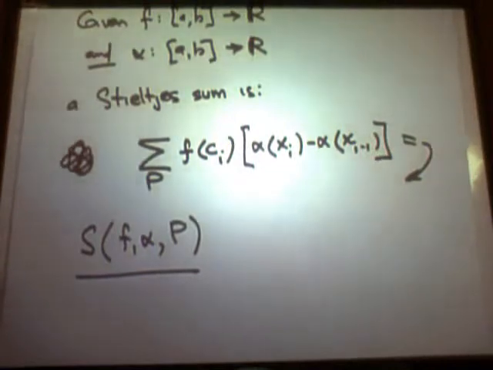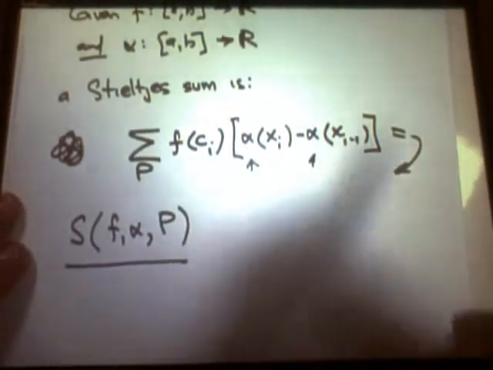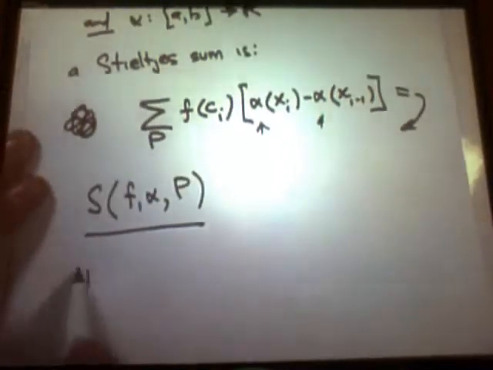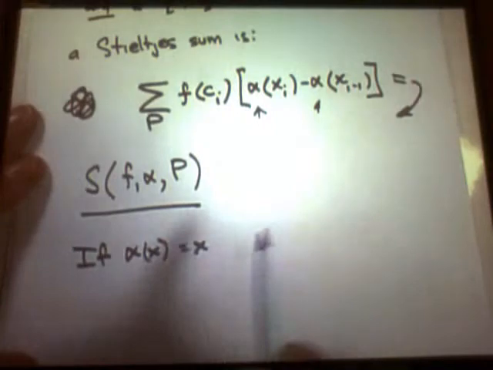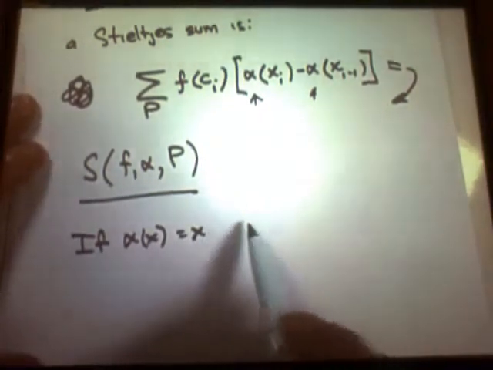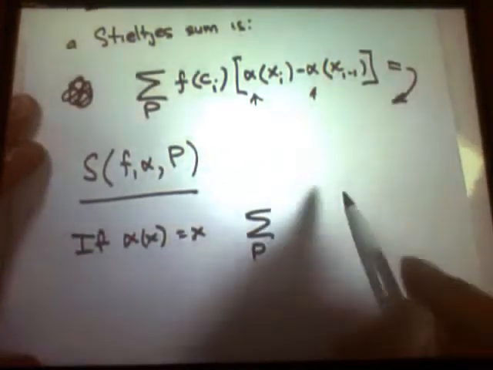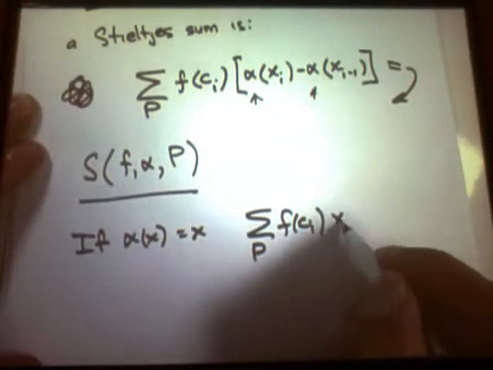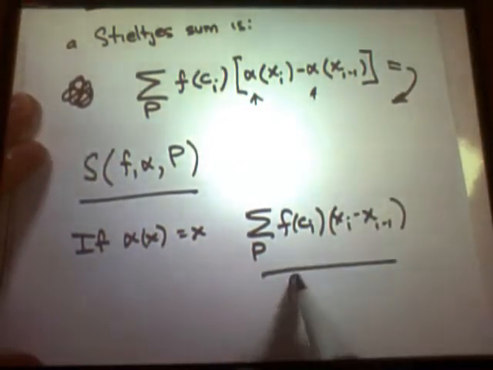All right. Where's the generality here? This alpha function. Think of it as a weight on the x-axis. If alpha of x equals x, then what happens is we have a sum over the partition f(Ci) times (Xi minus Xi minus 1). That's a Riemann sum.